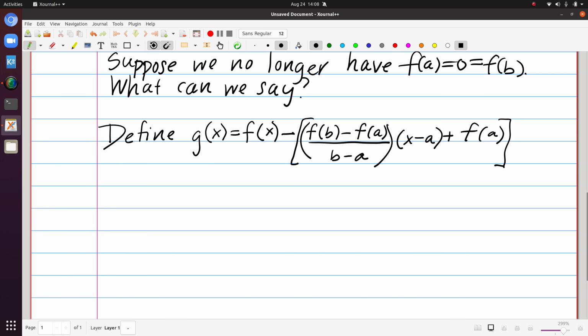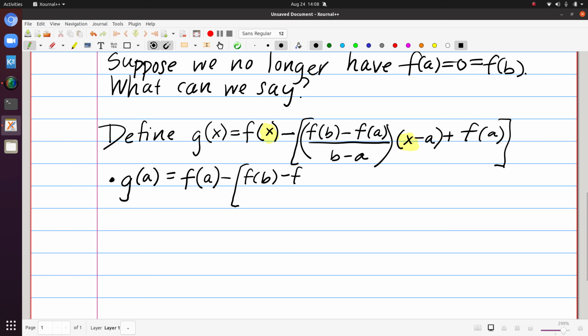So first of all, let's consider what happens when we plug in x equals a to the function g. Keep in mind that there are a lot of constants in here, but I'm focusing just on where the x's are. So if I plug in a, there's really two places that I need to plug this in. There's an x here and an x here. So plugging in a in place of that, I get f of a here.